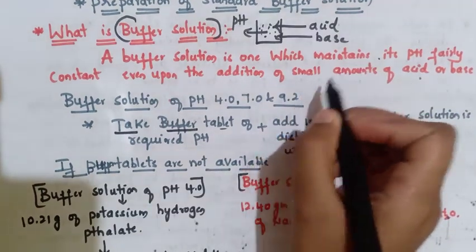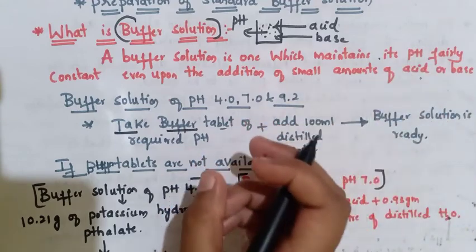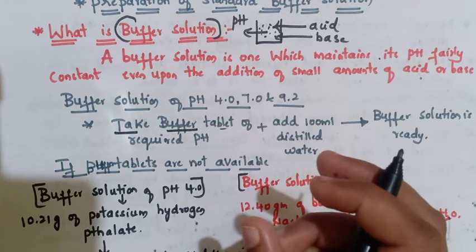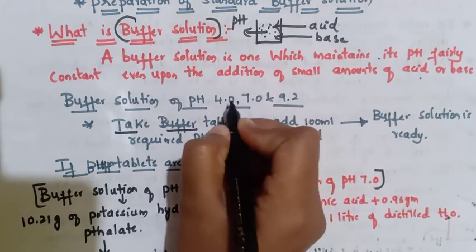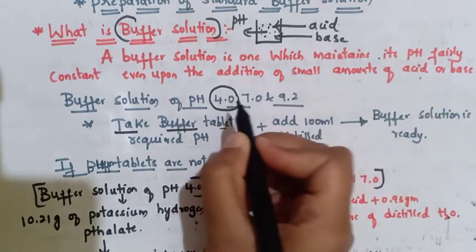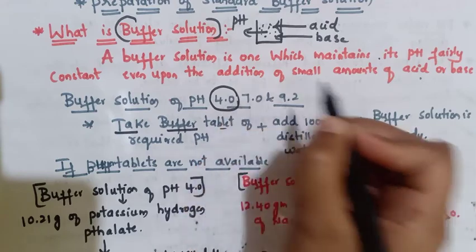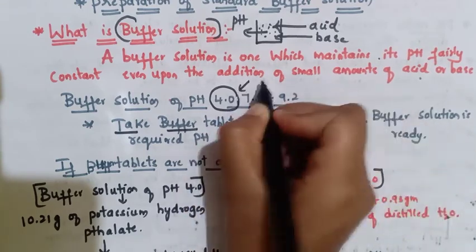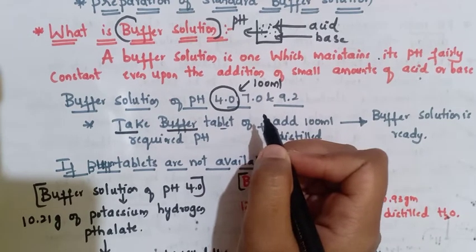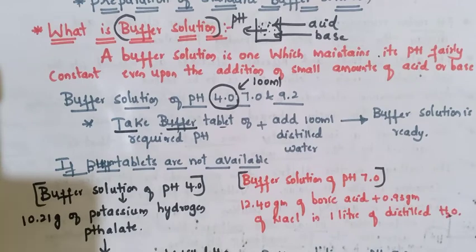If we need a buffer of pH 4, we take the pH 4 buffer tablet and add 100 ml of distilled water. Then the buffer solution is ready. Now what if the buffer tablets are not available?